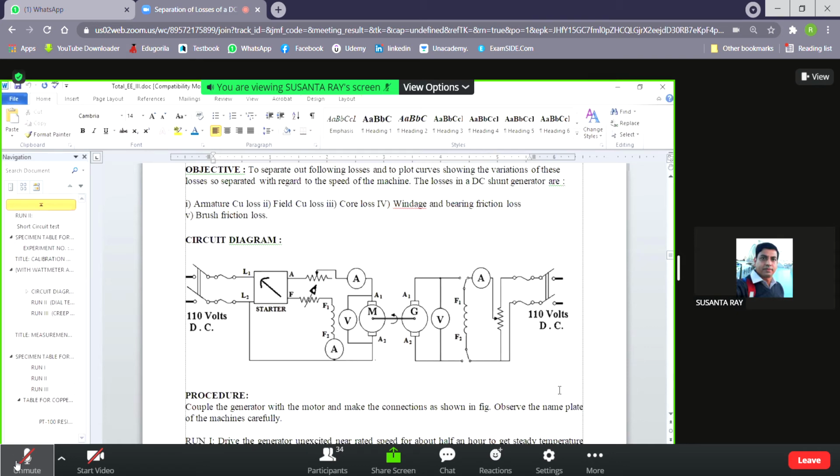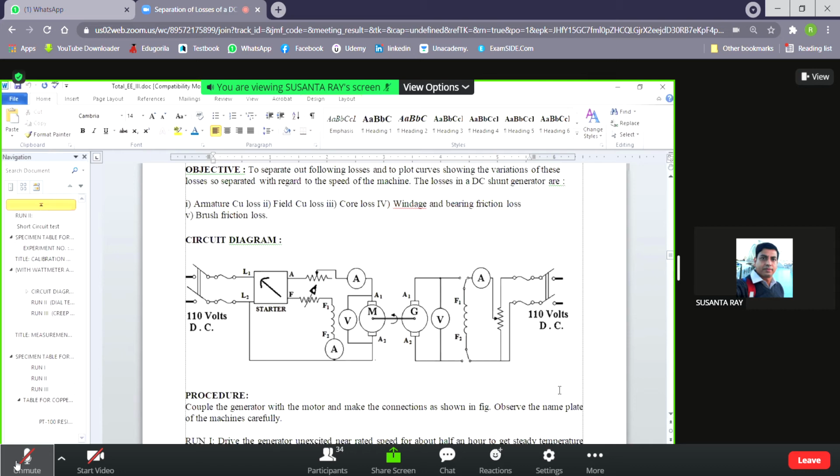The machines here are identical. I will show that in the actual setup. There are different types of coupling available, like Love-joy coupling and pin coupling. I think we have the pin coupling for this particular setup. I will show that, and we have to decouple the machine in one run.